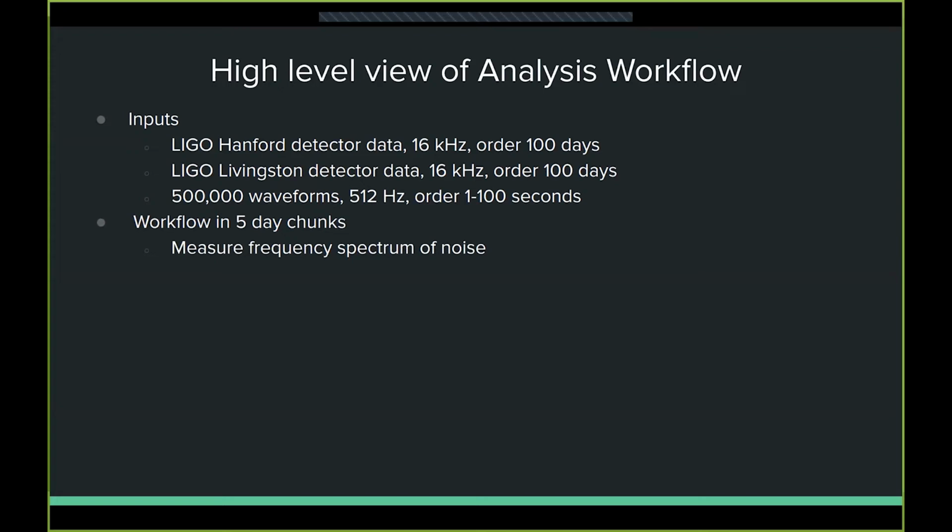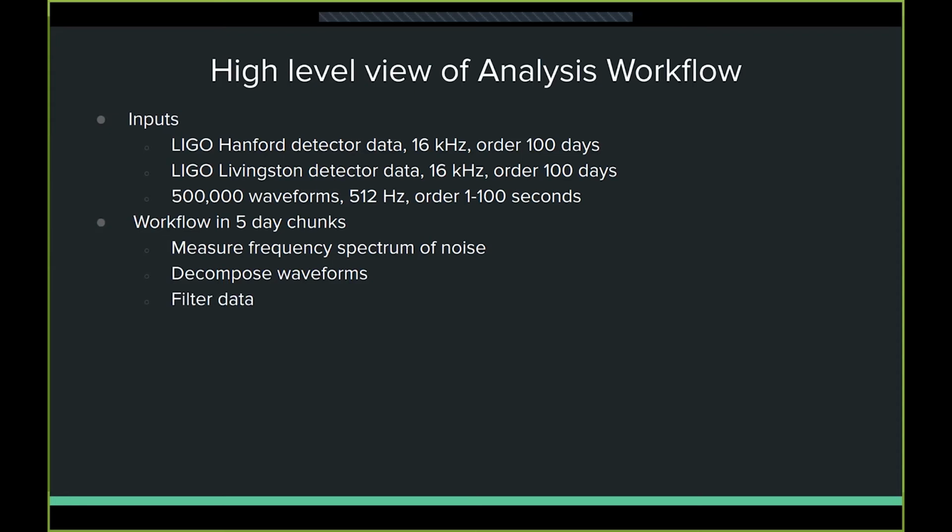So the workflow on each 5-day chunk is: you first measure the frequency spectrum of the noise, where we decompose the waveform. We search for 500,000 templates, but we use a singular value decomposition and some other neat tricks to actually filter the data against fewer waveforms. Sorry, I said templates. Template is our jargony word for waveform.